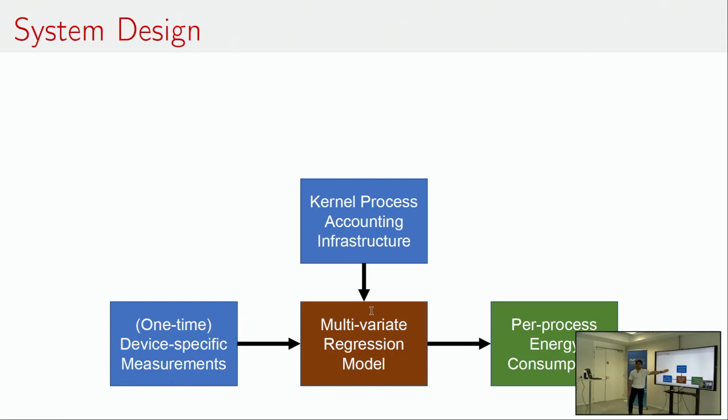The second input is the runtime, the latency for the processes. This information is already available as part of the kernel process accounting infrastructure. We need to extend that infrastructure to make it much more useful, but a significant fraction of it is already there. Finally, we input both of these data points into our model, and then the model outputs the energy consumption for each process.